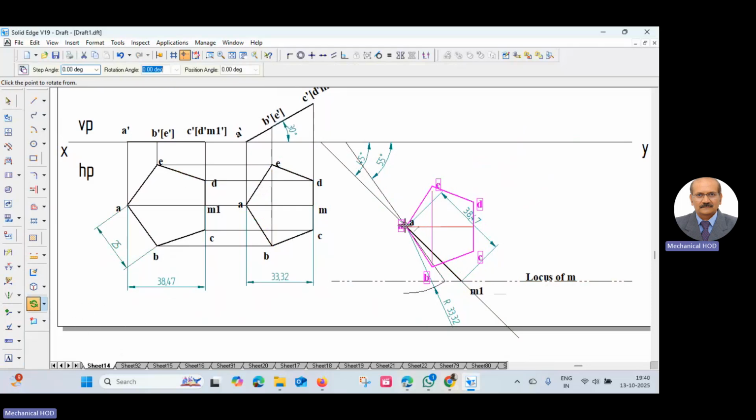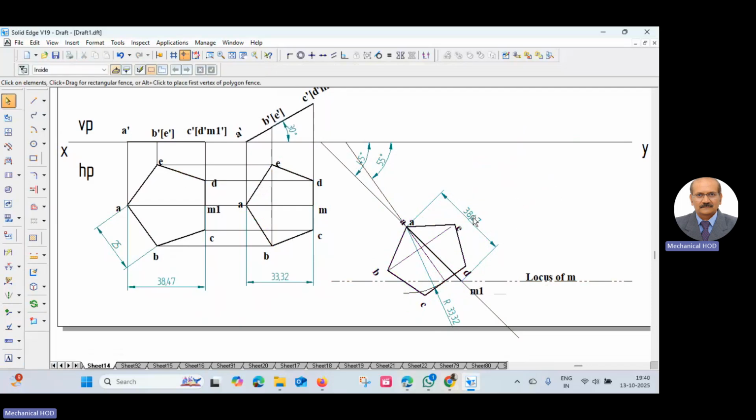A is the center of rotation, M is the point to rotate from, rotate it and scroll on the arc, you'll get the endpoint symbol. Can you see the endpoint symbol adjacent to the cursor? Moment you get the endpoint symbol, you have to stop it. So this is how you have to keep the second top view onto the 45-degree line.